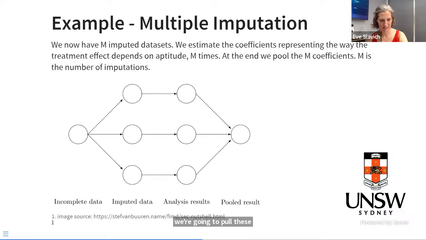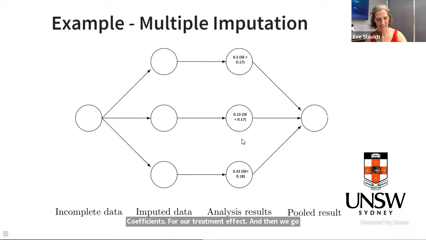So this is the diagram showing what we're doing. We start with incomplete data, one data set. It now becomes many data sets, the imputed data here, and we run our analysis to get many coefficients for our treatment effect, and then we go back to one treatment effect at the end.